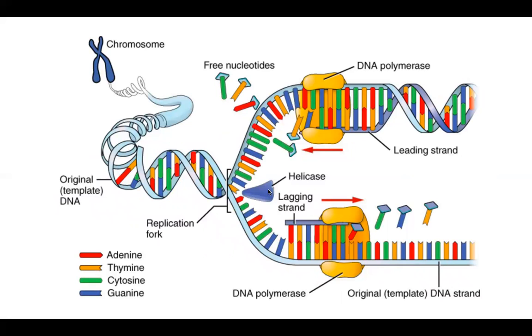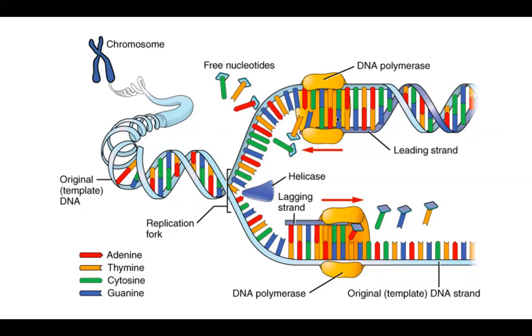All right, so here's my helicase. It's going through, it's unzipping my DNA. Here's my DNA polymerase. It is building on new pieces, the adenine, thymine, cytosine, and guanine, and then it's going to proofread that to make sure it paired them correctly.